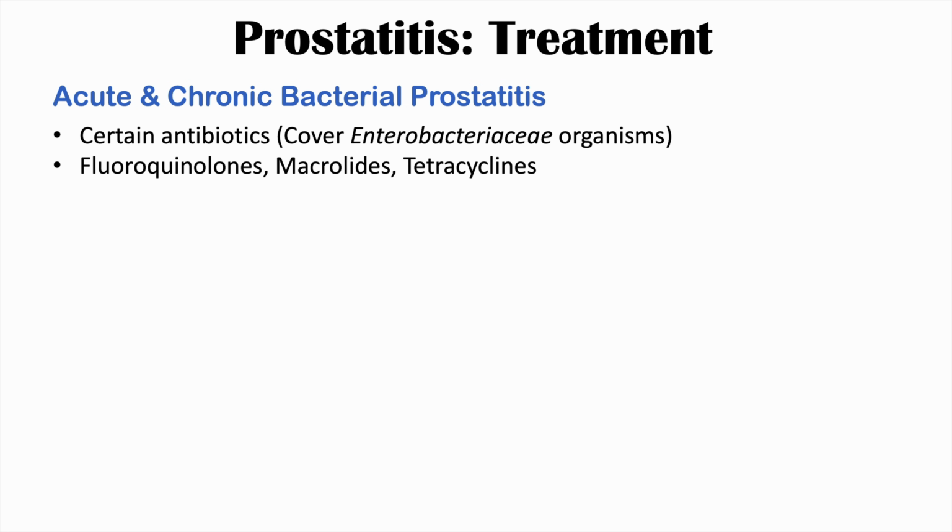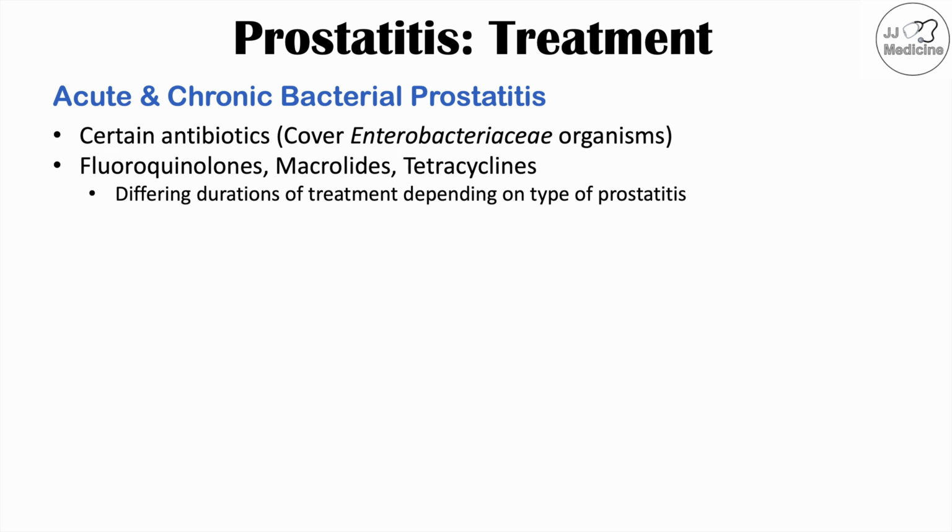But in the case of prostatitis, fluoroquinolones may be used because the prostate gland tissue is different in the sense of distribution of antibiotics. Some antibiotics are not able to effectively penetrate the prostate gland, but these ones I mentioned here are. And fluoroquinolones are a pretty good choice for actually penetrating into the prostate gland tissue in order to treat those organisms. So these are 3 classes that can be used for these types of prostatitis.